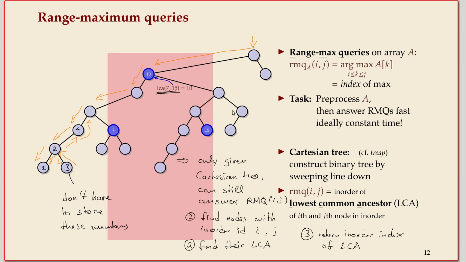We don't have to know the numbers that are in the array. That's not so surprising because it's a comparison-based problem. But it's still fairly helpful to realize that the Cartesian tree exactly encodes the answers to the range minimum query problem.